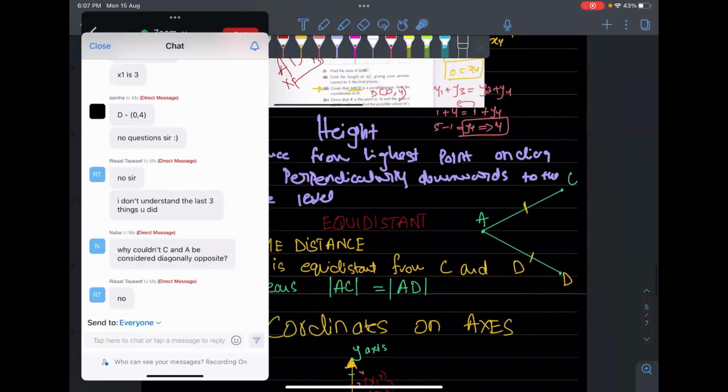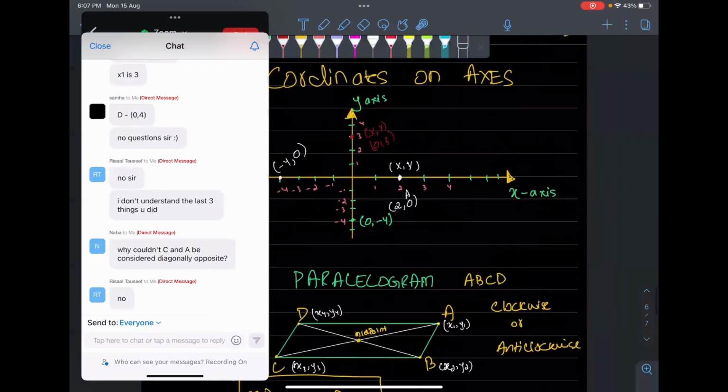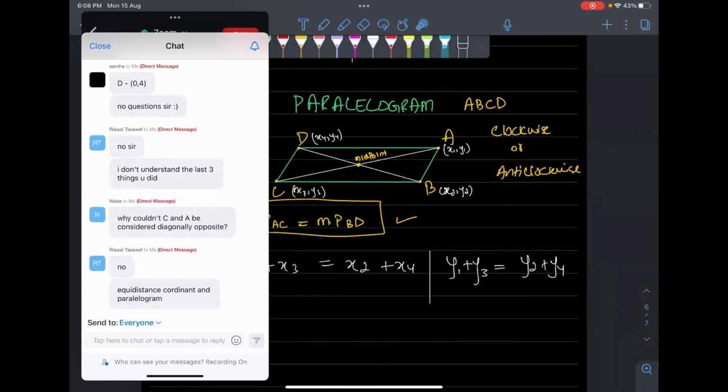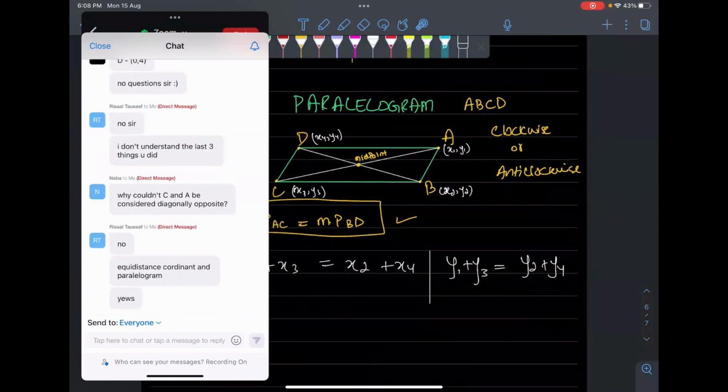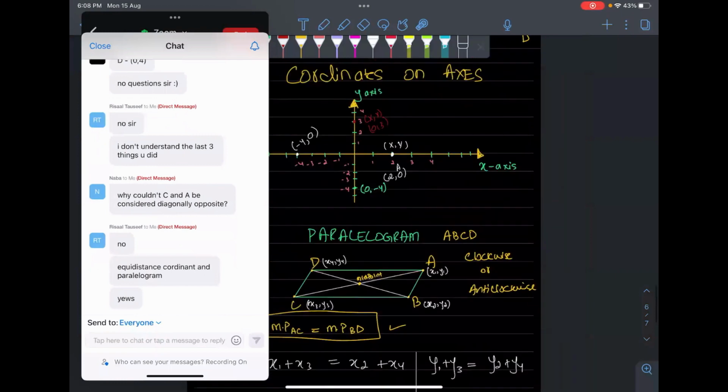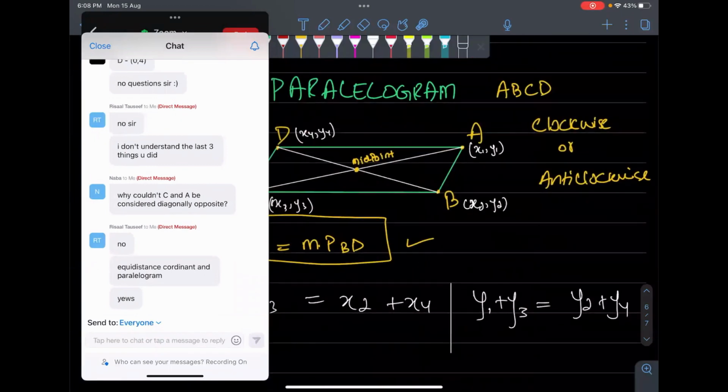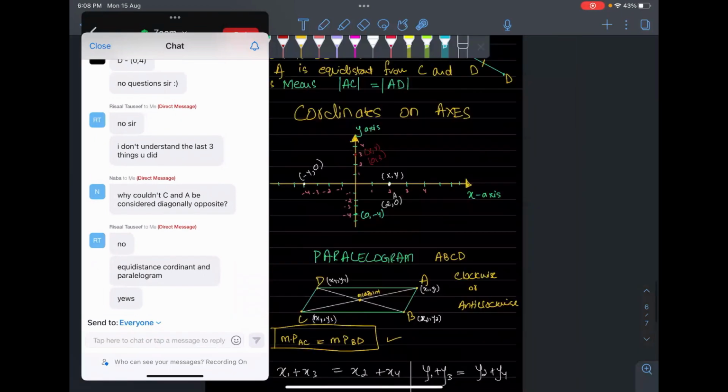The midpoint of AC will be equal to the midpoint of BD. Do you understand that? Yes. So if you understand that, then you can apply it directly, because the shortcut that I derived is actually derived from this only.